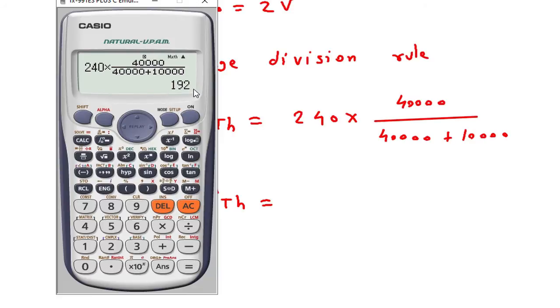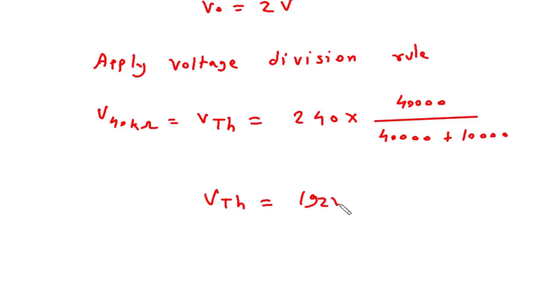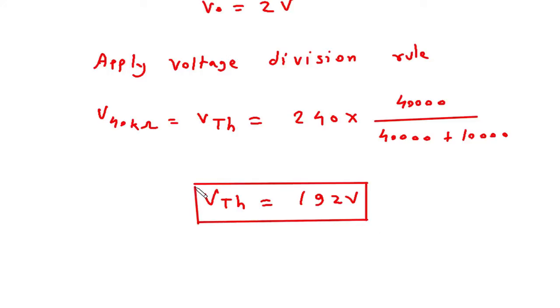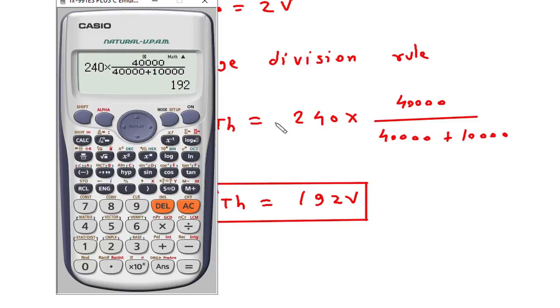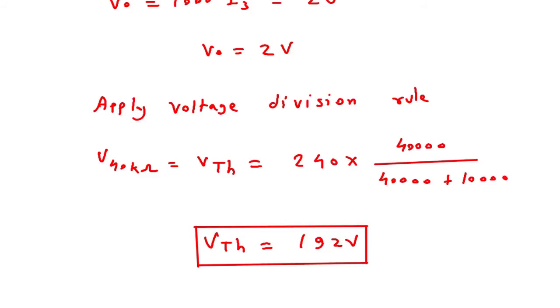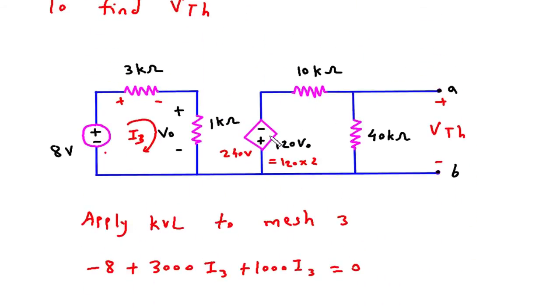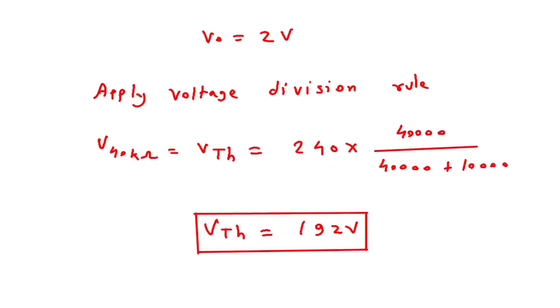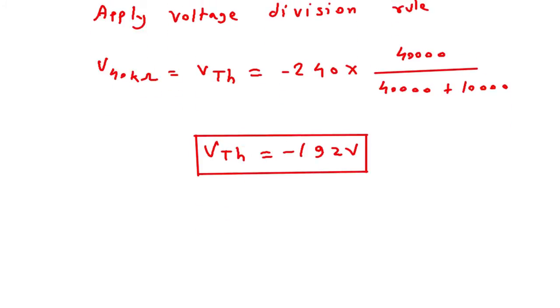So it is 192. 192 is the value of VTH, 192 volt. Here the polarity is minus and plus. So this will be minus 240 and this will be minus 192 volt. So this is the value of VTH.